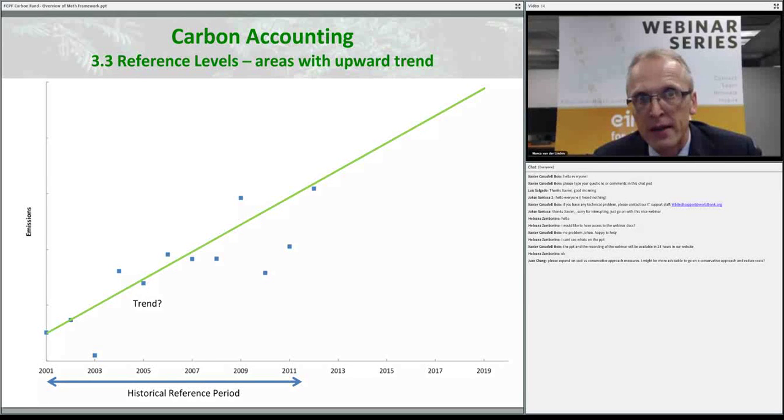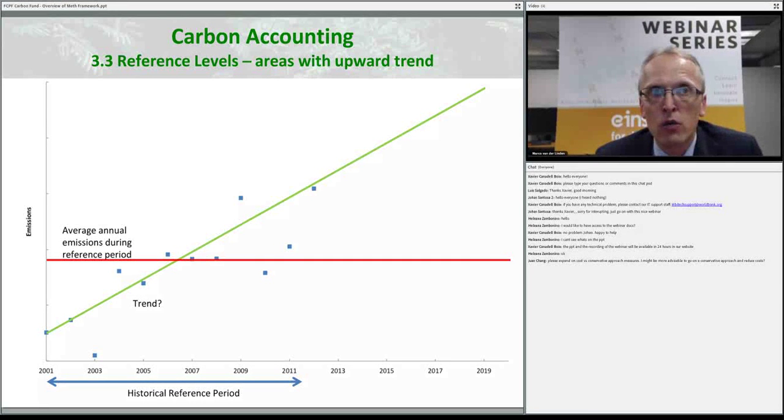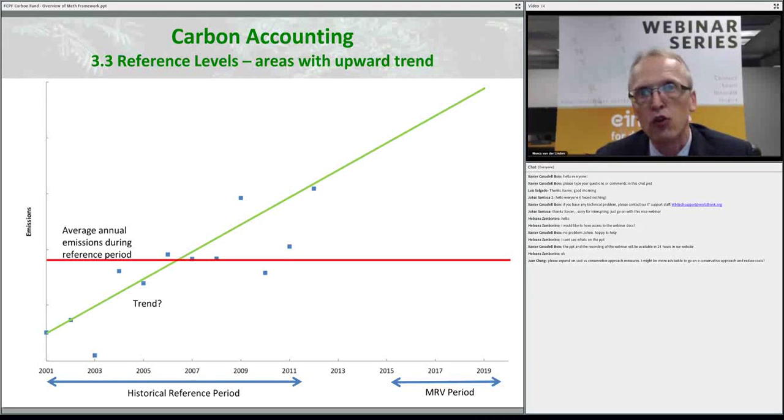But again, the requirement of the methodological framework would be that you use average annual emissions during the reference period as your reference level. So if you really have a trend going on, and we have a program that starts in, let's say, 2015, if you follow the trend, the emissions at the beginning of your program would be something like that blue point over there.